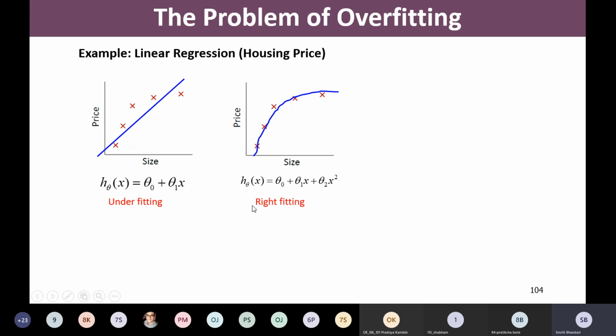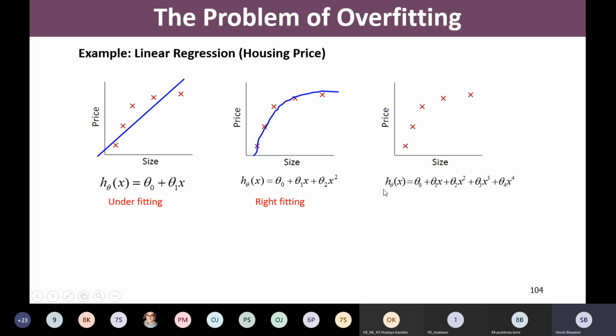Now let us proceed with one more example of a hypothesis. Once again we have the same training data set, same data samples, but now we have a hypothesis that is a fourth order polynomial, right? Theta 0 plus theta 1 x plus theta 2 x square plus theta 3 x cube plus theta 4 x raised to 4.